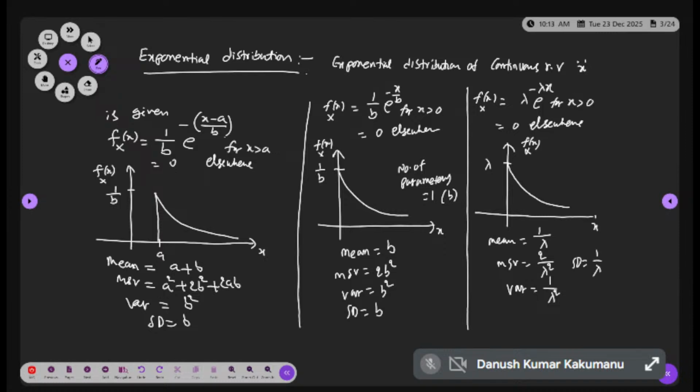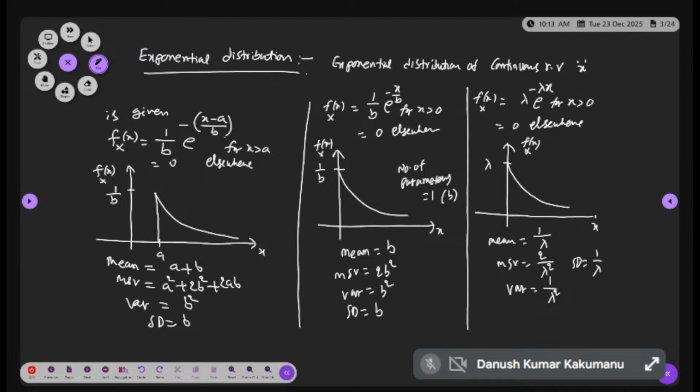Is it clear to all of you? Everyone understanding? In the GATE exam, they are using this formula also. These two are famous in the GATE exam. After the GATE exam, don't feel that sir did not tell about this lambda notation. These two notations they are using in the GATE exam. Everyone understanding?